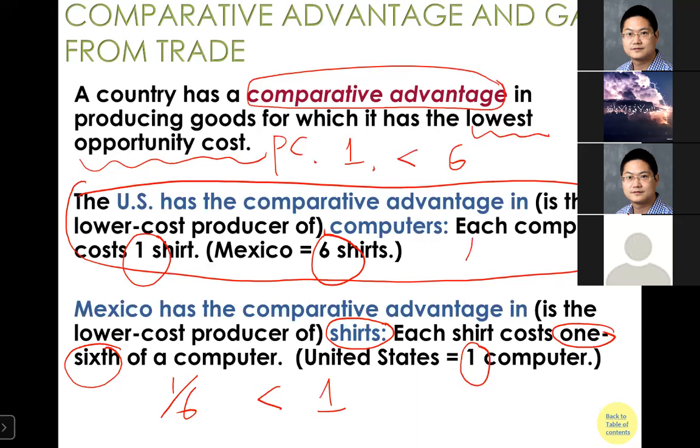The keyword is comparative advantage. Whoever has lower cost in producing some good or service, that country has comparative advantage in producing that good or service. That's the key idea of trade, or how we benefit from trading with each other.